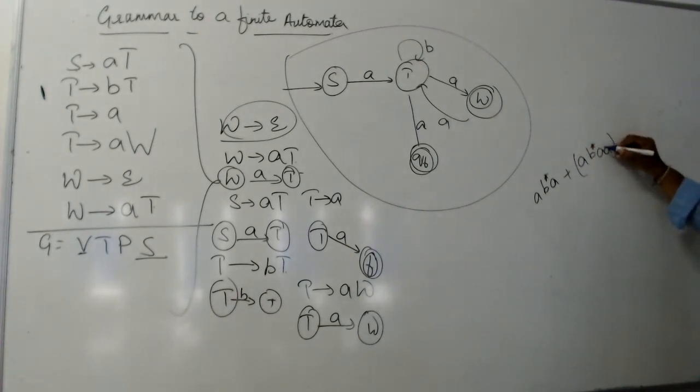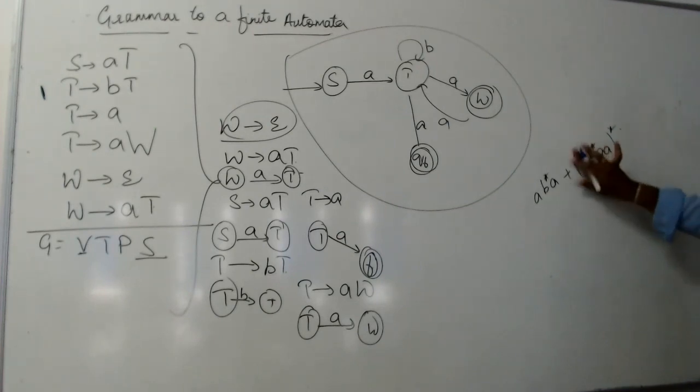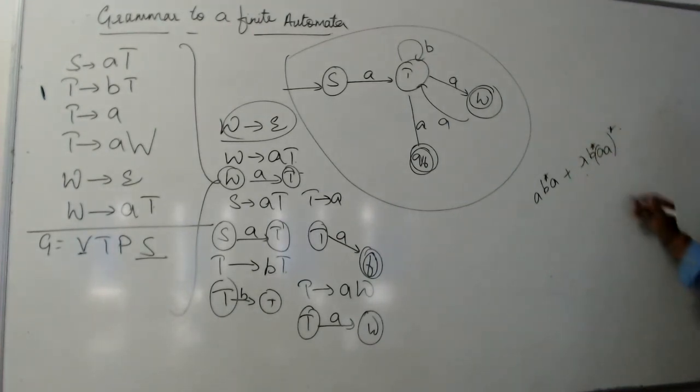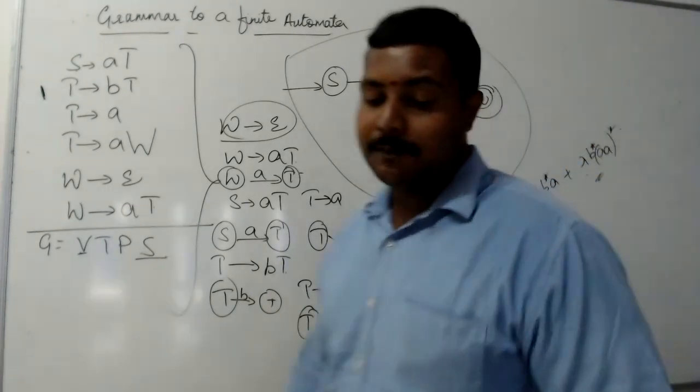Loop means whole star does not come here, this is A star. Yes, in this way you can easily identify your regular expression as explained in the previous classes.